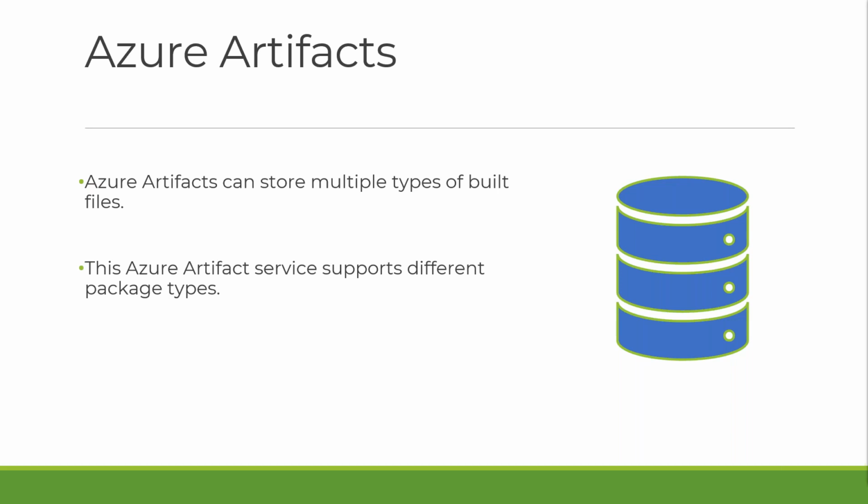When we look at Azure Artifacts, they are things that can store multiple types of different build files. It allows us to store packages which are called feeds, which allow us to organize and control access to these created packages.